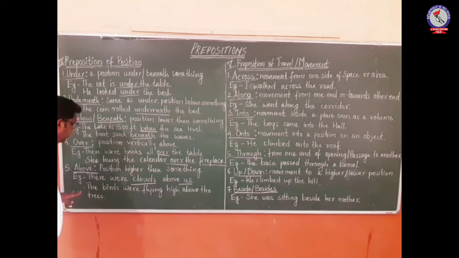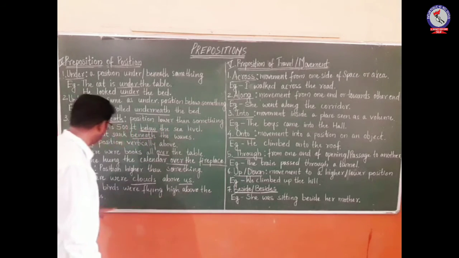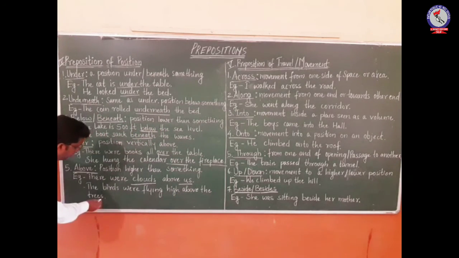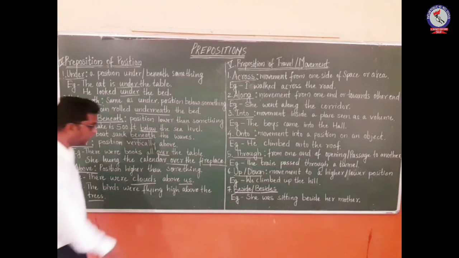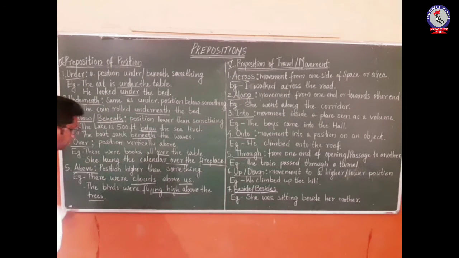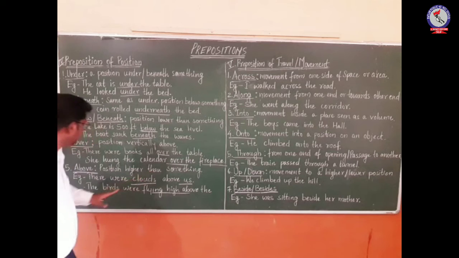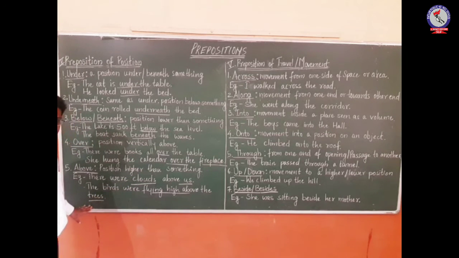See one more example. The birds were flying high above the trees. The position of the trees is lower than the flying birds. That means the position of the flying birds is higher than the position of the trees.